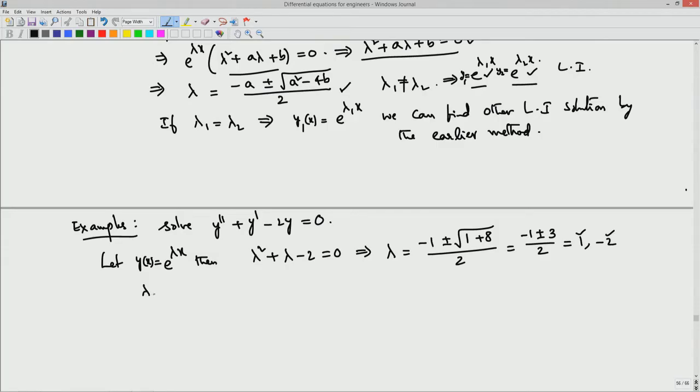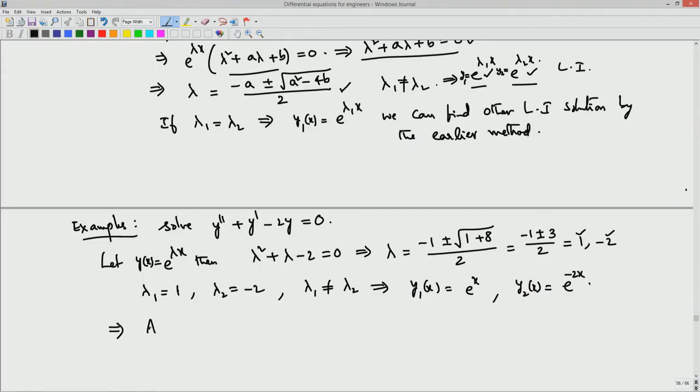Since lambda 1 equal to 1, lambda 2 equal to minus 2, and lambda 1 is not equal to lambda 2, this implies you have y1 of x, where you put in what you found, your lambda 1, and instead of lambda you put lambda 2. So you have e power x as one solution, and y2 of x is e power minus 2x as another solution. These are two linearly independent solutions.